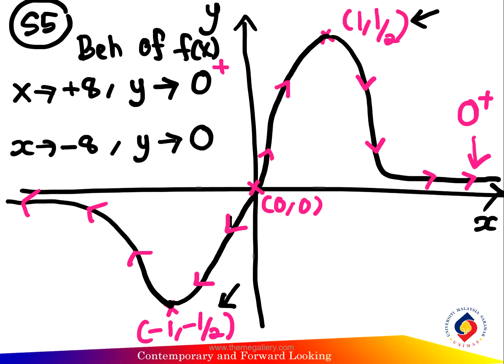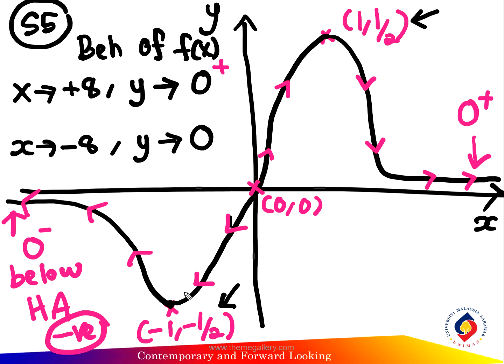And you check the graph here. So your graph is below the horizontal asymptote, so here you put the negative sign.